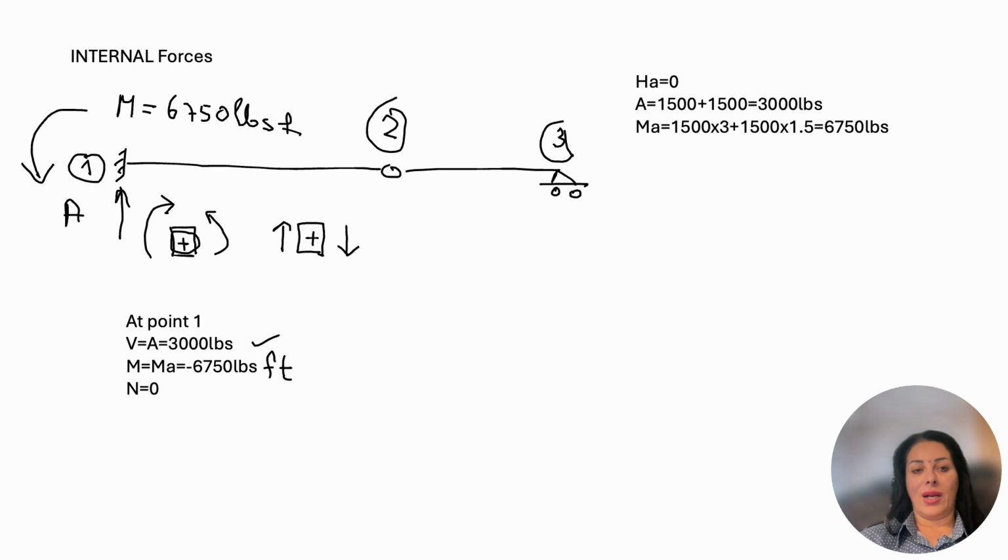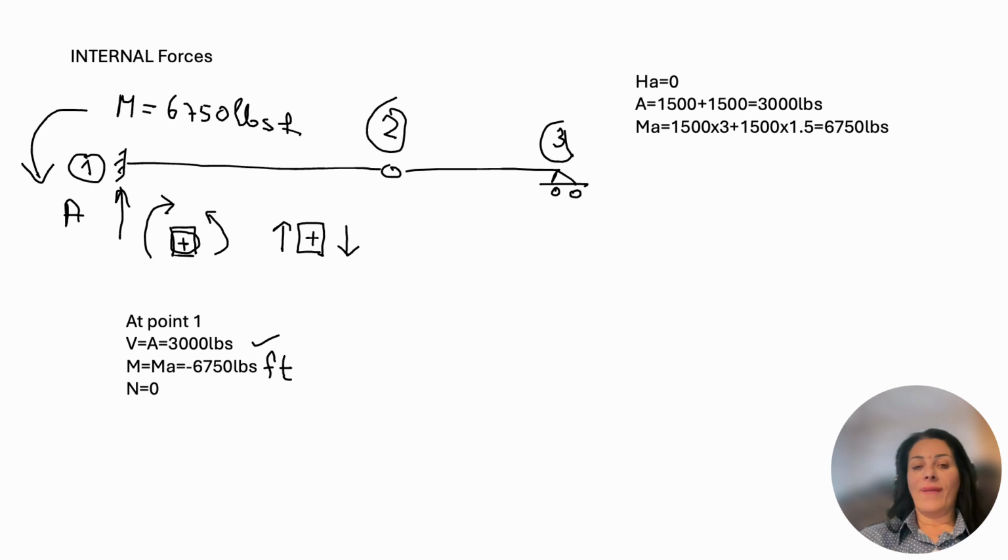So the moment here is minus 6,750 pounds-feet. Normal force is equal to 0. At point 2, the moment is 0. The moment at point 3 is also 0, but the shear at point 2 will be the reaction at point B, and that means 1,500 pounds positive.